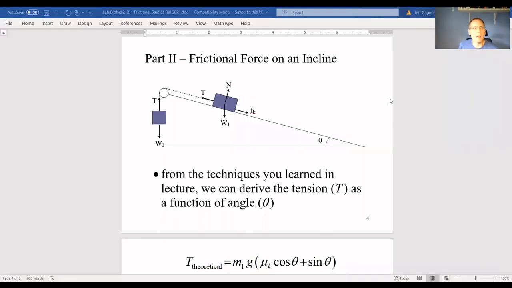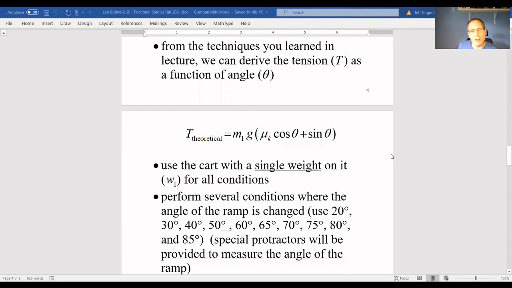Okay, since this is a different semester than when that video was originally recorded, the part of the video that you just watched, the numbering is slightly different for this part of the experiment. So I just wanted to mention that so it's not too confusing. But the questions are exactly the same.